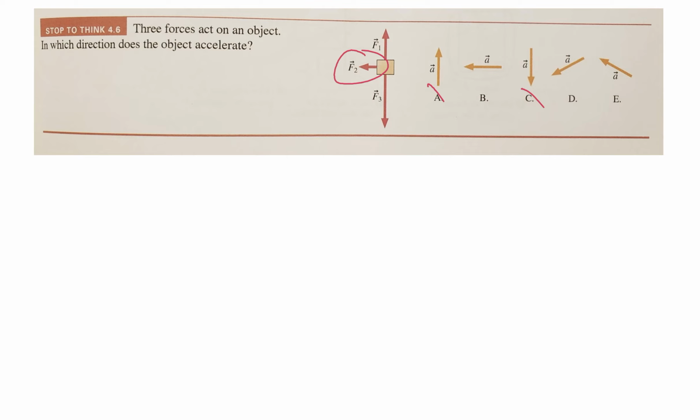F1 definitely looks shorter than F3, so when I add those together, I will have a result that is in which direction? Down. So that means when I add all these vectors together, I have a result that is down, and I have a result that is somewhat left, which means my resultant vector will be in that direction when I add them together, okay? So the only answer that works is D.